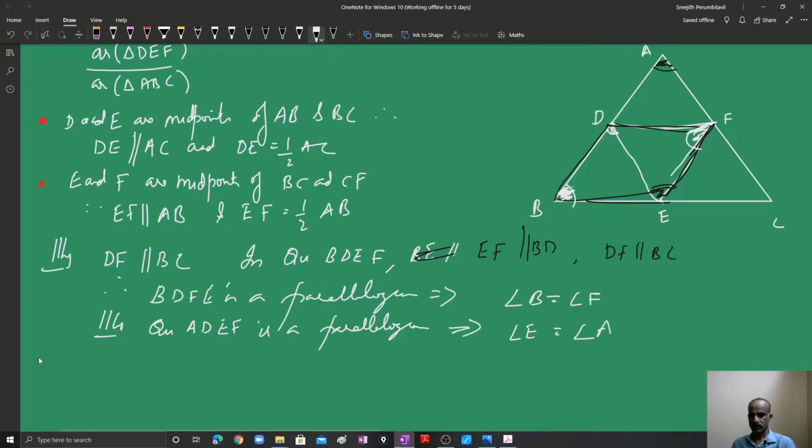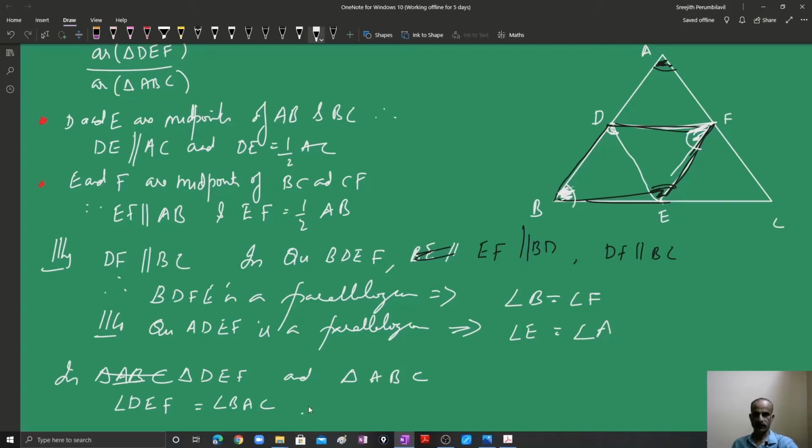Now, take the small triangle DEF and triangle ABC. Angle DEF, that is, this angle, is equal to what? Angle BAC.